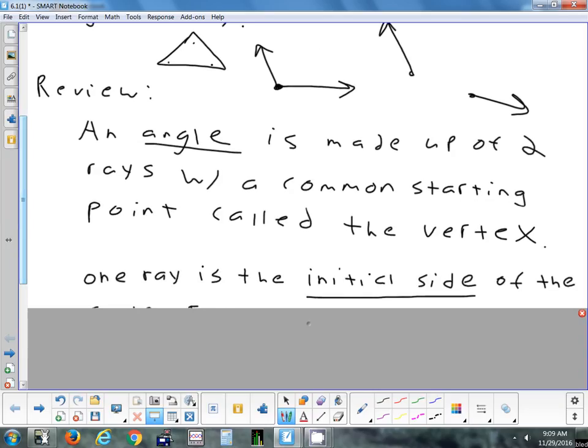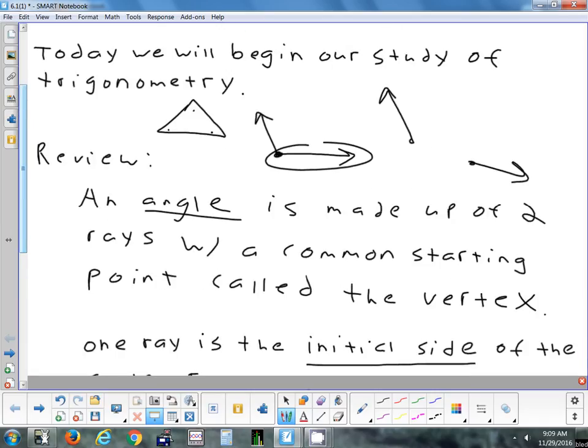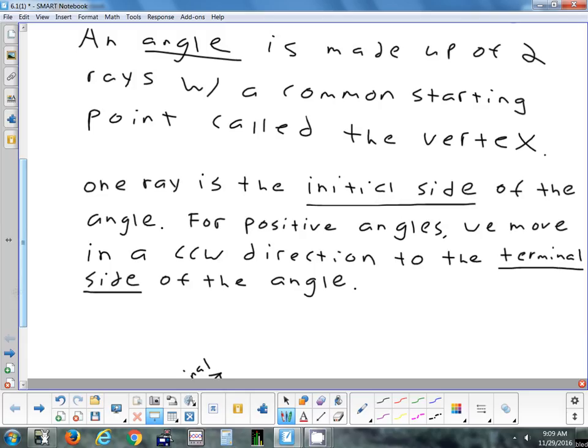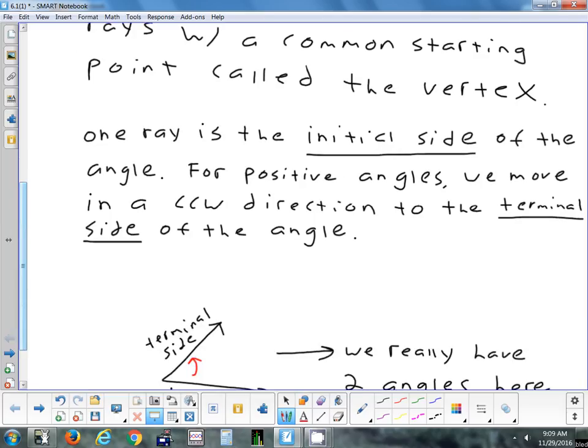There's two sides to an angle. There's this side, and there's that side. One side is called the initial side, and one side is the terminal side. The way you can figure out which side is which is if you start at one side and go counterclockwise.